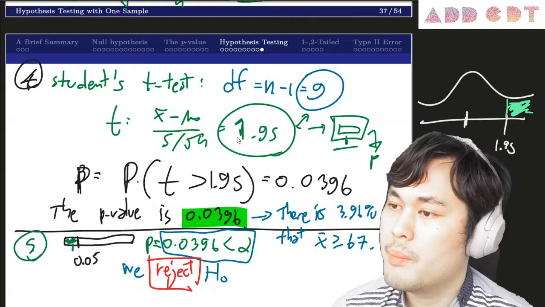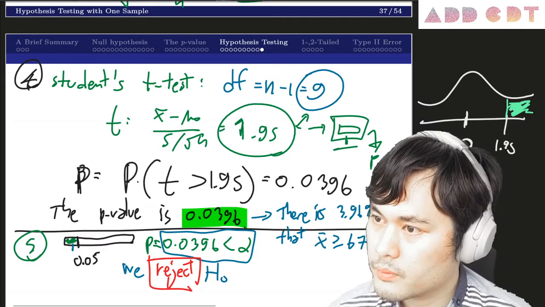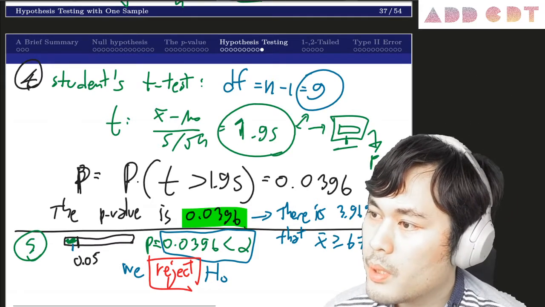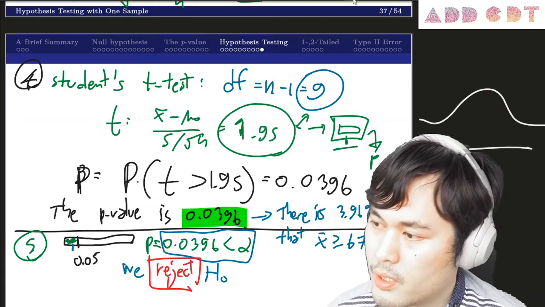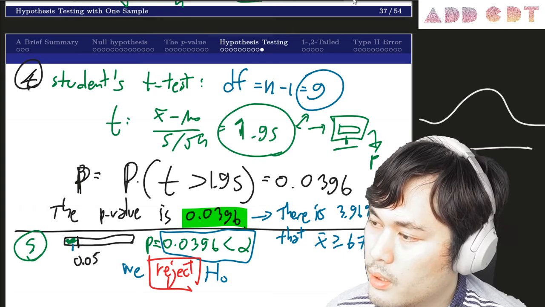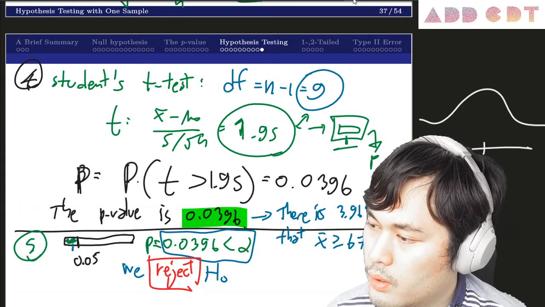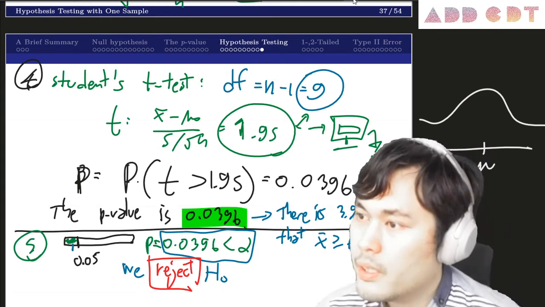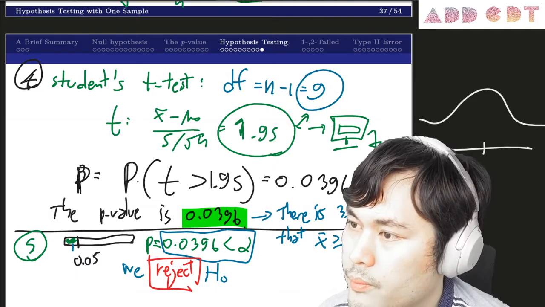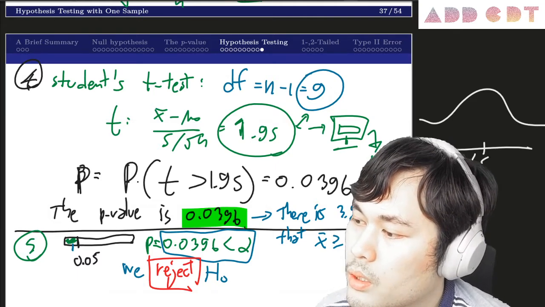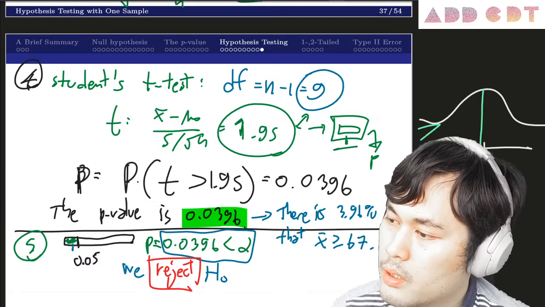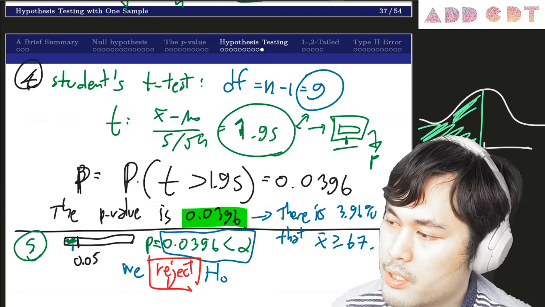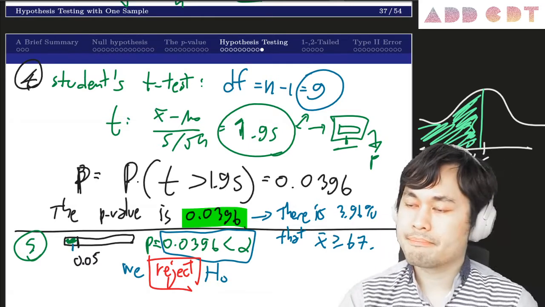Why do we reject? Because when we look at the curve, if we were correct, then mu is 65. We believe that the average is at most that number.